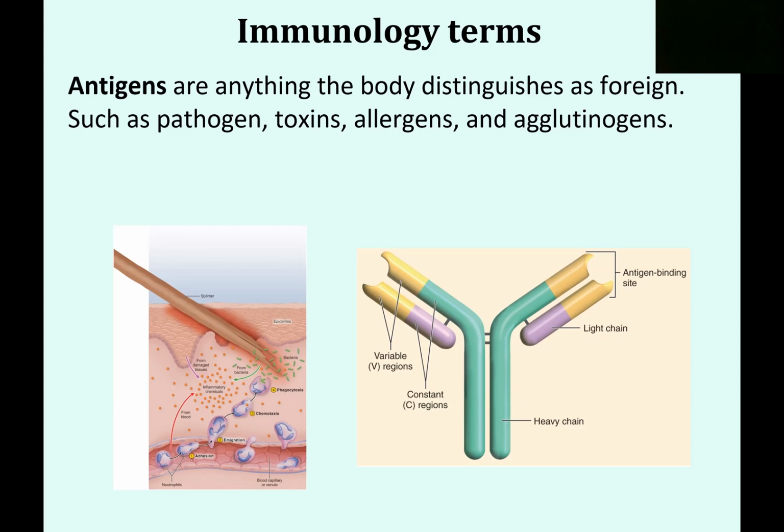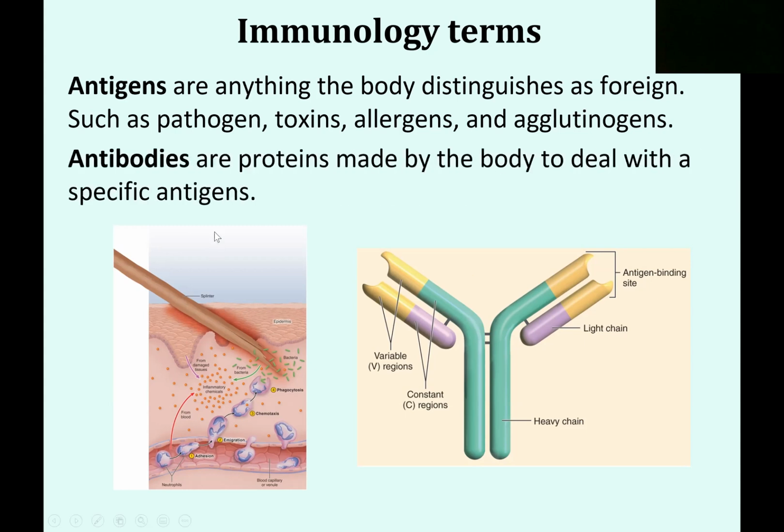Okay, antigen. Antibodies are proteins that we make in order to deal with certain antigens. This is a representation here of an antibody. Antibodies, again, are proteins, so they're going to have a specific organization and deal with a specific antigen.